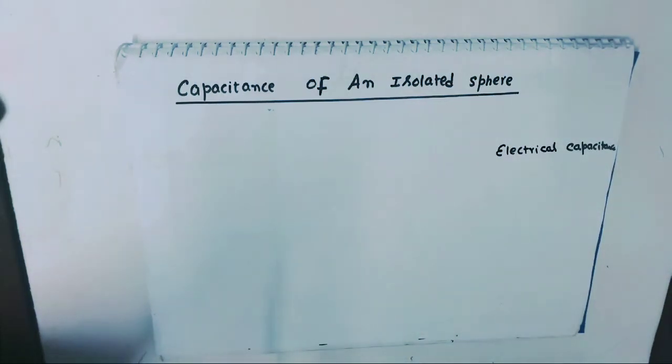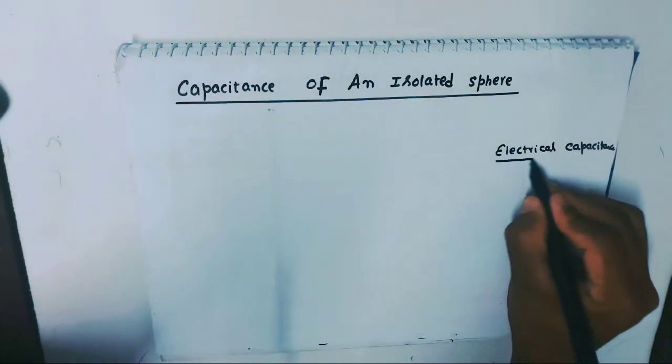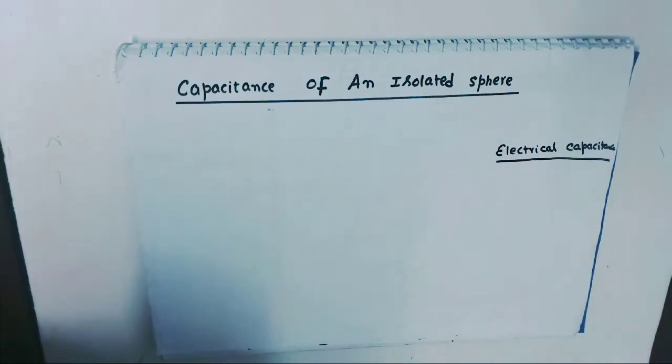Basically, electrical capacitance of a conductor is related to its ability to store electric charge. When a conductor is given some electric charge, it is raised to some potential. As more and more charge is given, its potential increases accordingly.